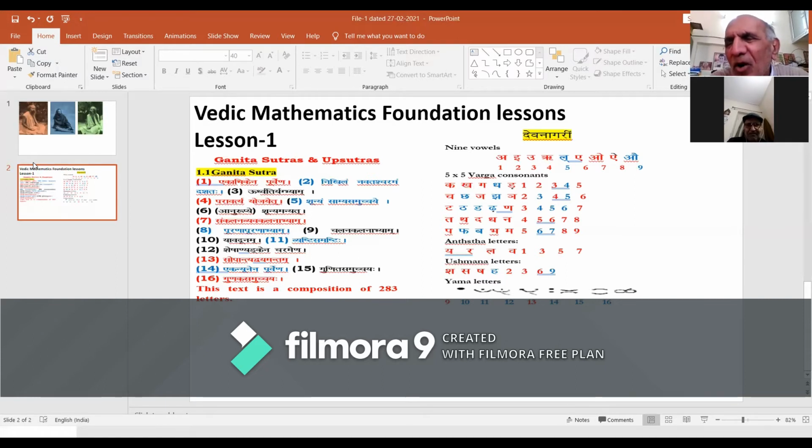So how to get initiated, how to acquire this proficiency? For it we have to be acquainted with the Devanagari Varanmala. This Devanagari alphabet is the ultimate fruit of Vedic mathematics. It is the ultimate fruit of the entire Vedic knowledge.